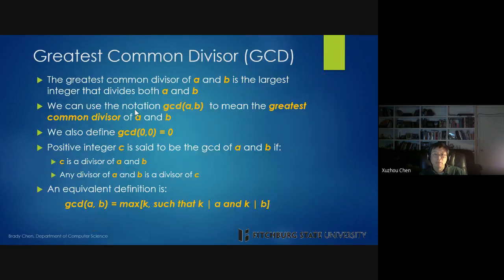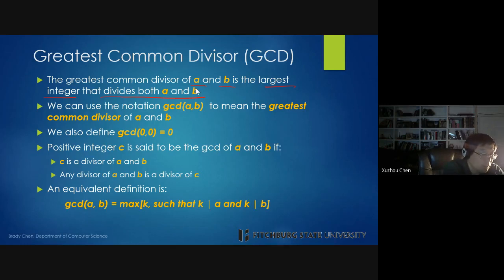I'm going to move forward. Okay. So the greatest common divisor of two numbers A and B is the largest integer that divides both A and B. We know that, right?